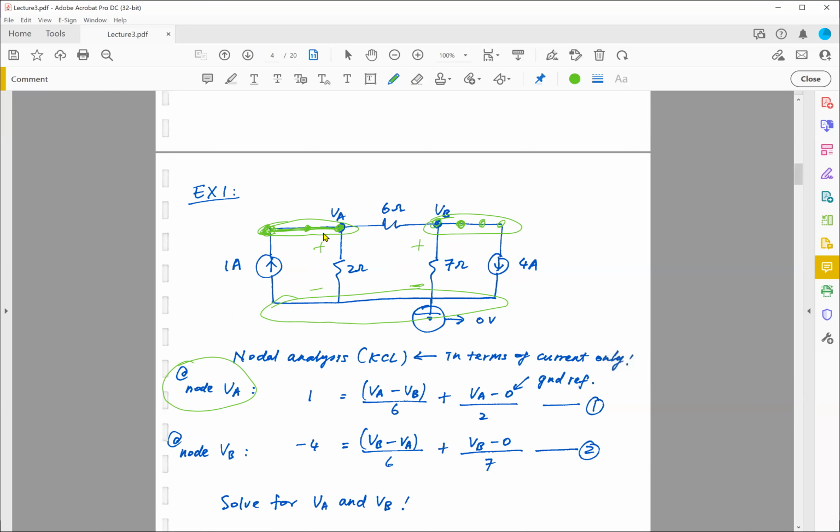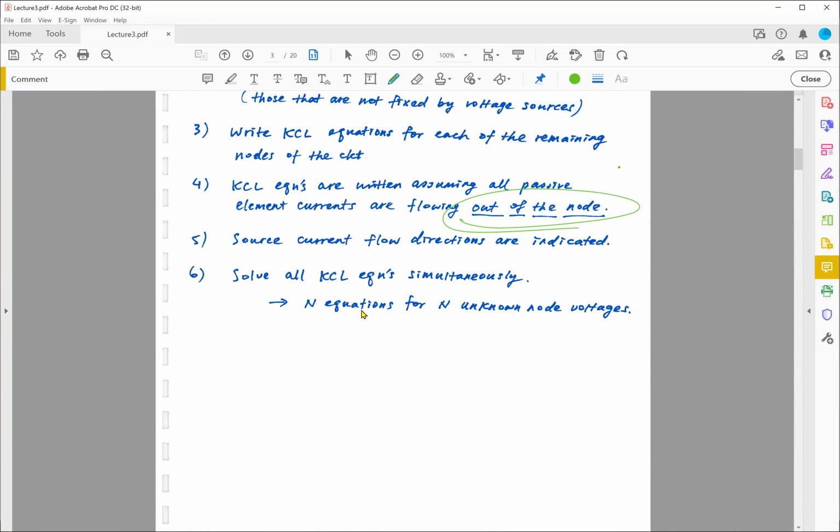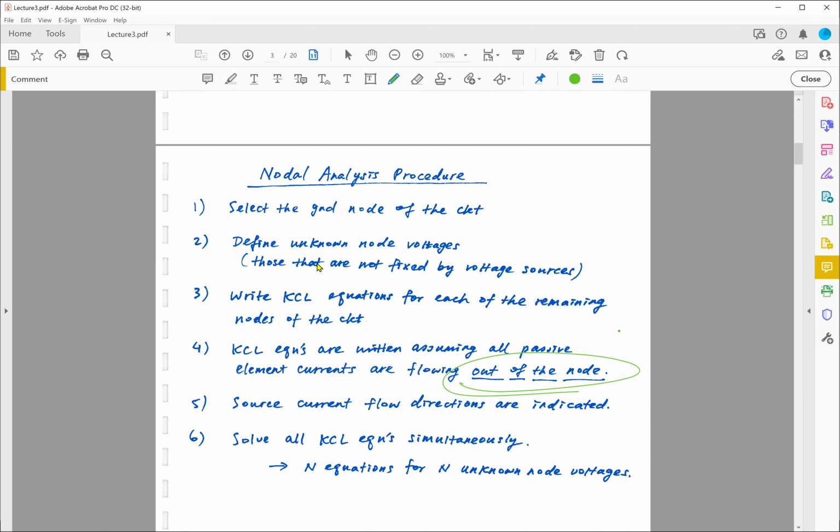Equivalently, I can also say the current entering this node has to be balanced by the currents leaving the node. If you go back to this page, this procedure, you will see that KCL equations are written assuming all passive element currents are flowing out of the node.